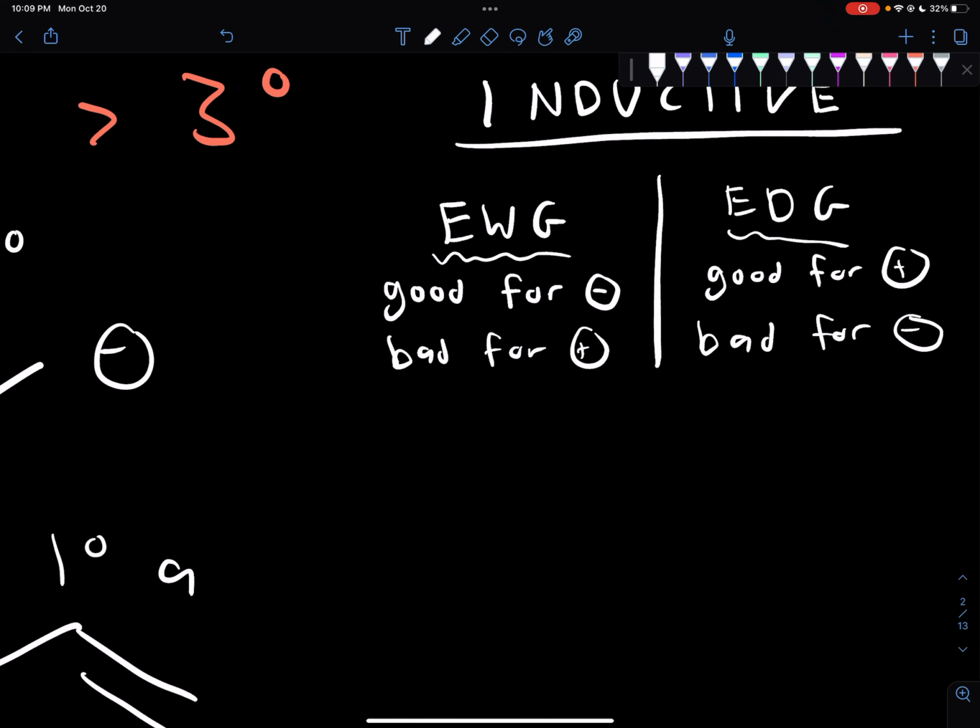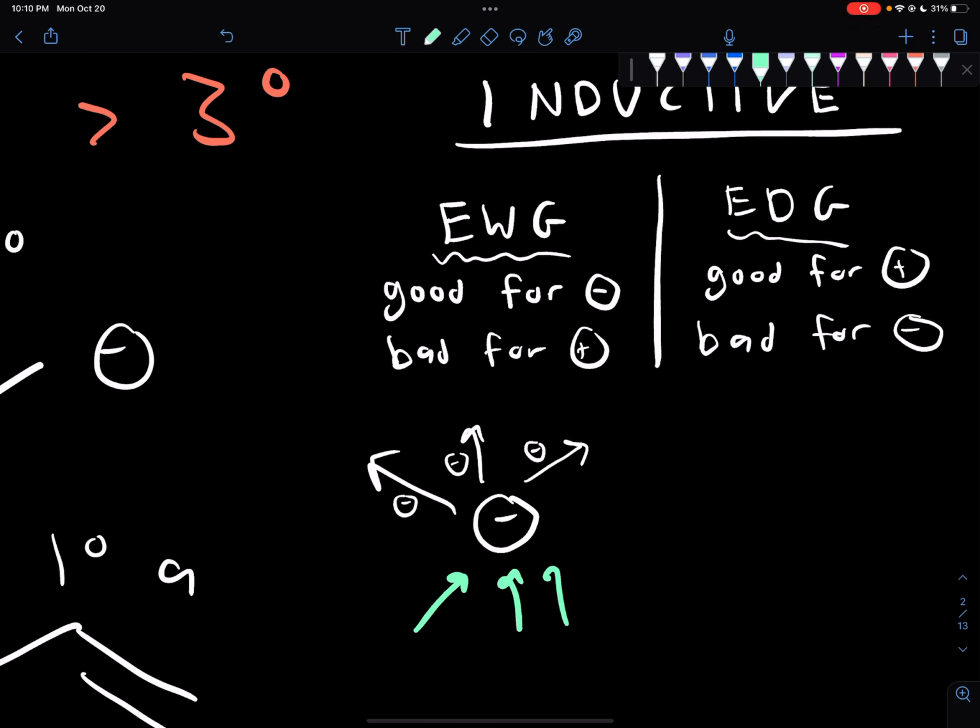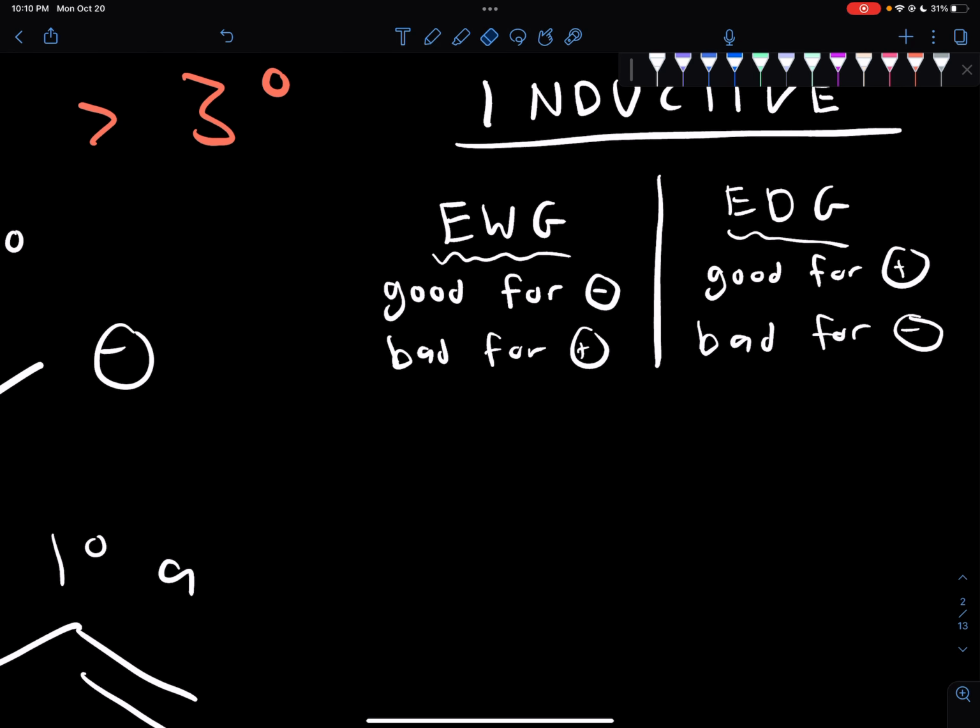Just think about it, right? If you have a negative charge and you withdraw electron density, you're basically neutralizing it. You're pulling away negative charge or negative density. But if you're donating electron density, you're putting a lot of negative charge in one single place. That's why electron donation is bad for negative charges. And the opposite is true for positive charges.